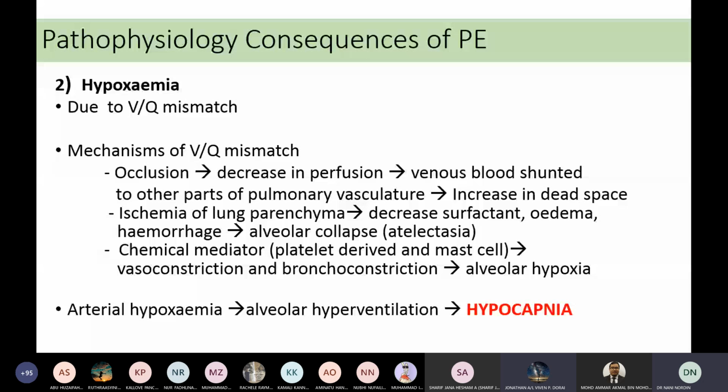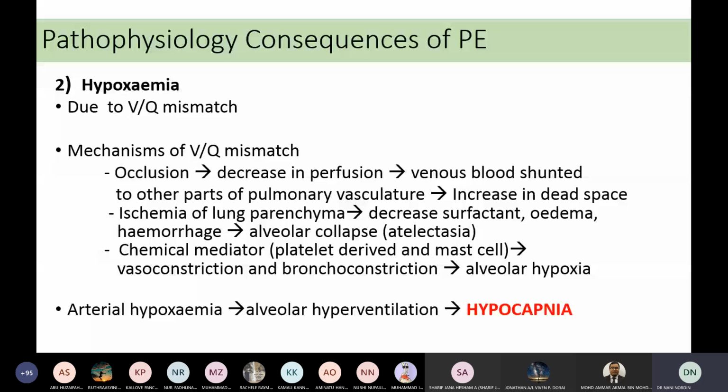So you're going to have alveolar dead space, where alveoli are ventilated but not perfused, so there's no gaseous exchange. So there's a ventilation and perfusion mismatch, because there's no perfusion, so the VQ ratio is undefined.